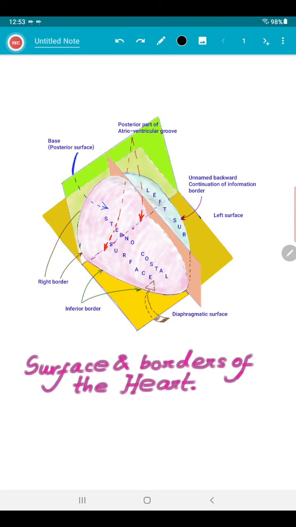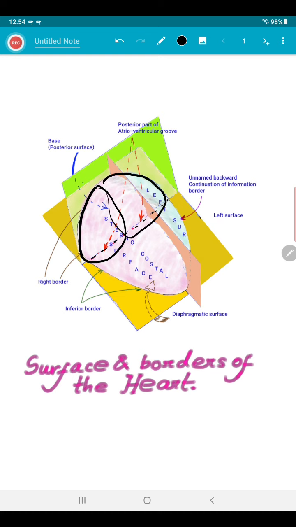Right side of the base of the heart, which one is the boundary? The right border of the right atrium extending from the superior to the inferior vena cava orifices. I have told you earlier, this is the position of almost the right atrium, this is the position of almost the left atrium, 2/3 and 1/3. Here will be the position of the superior vena cava, here the inferior vena cava, piercing the diaphragm, entering into the right atrium.